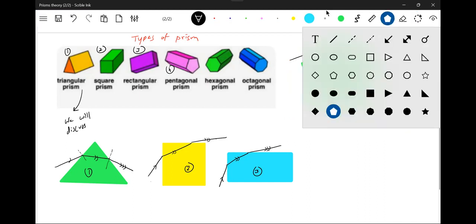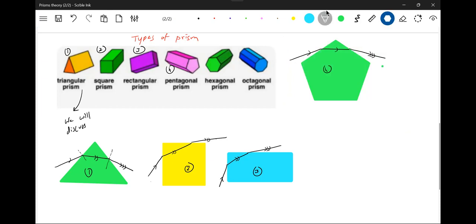So the plane view, this will be it. Okay, there's not much difficulty.